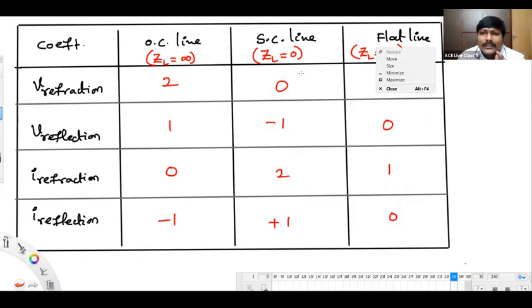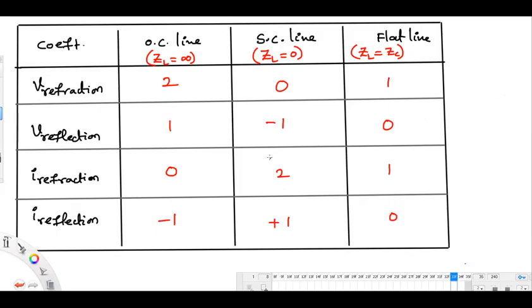This is written only for the first time. As well as at any time, if a particular current or voltage is incident, you multiply with these coefficients, and you will get the respective numbers. Not only for the first time; these are valid for any time.